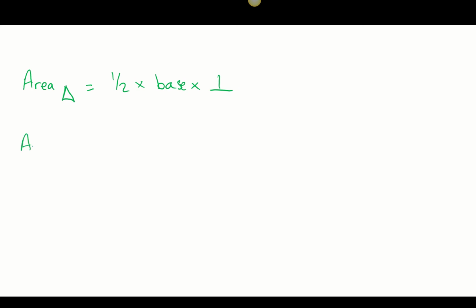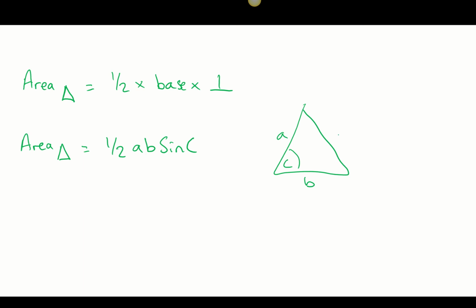So we can get another way of getting the area of a triangle, and ultimately it's a half times AB sine C. Again, if you have a triangle, and this is your angle C, this is going to be A, this is going to be B, and this is side C. So again, the two sides that make up that angle will give you your formula for the area of a triangle.